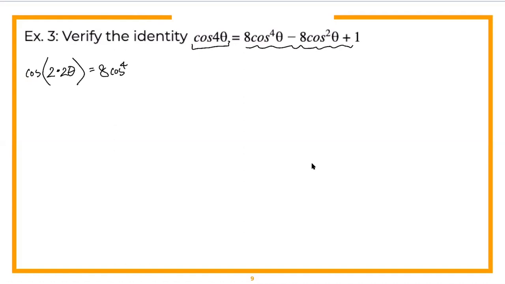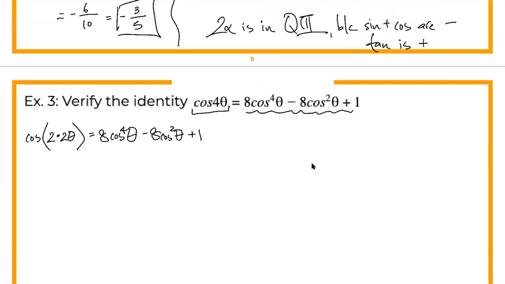And I have that on the other side. According to the cosine double angle formula, I have 3 different versions, so let's be very thoughtful about which one we choose. When I look at the right-hand side, I see a bunch of cosines and nothing that has sine. So let me scroll back up for a moment.